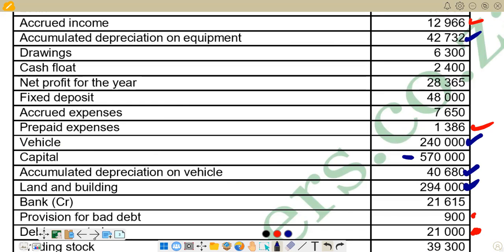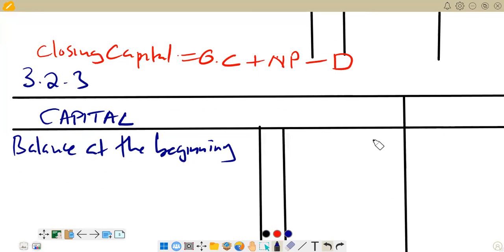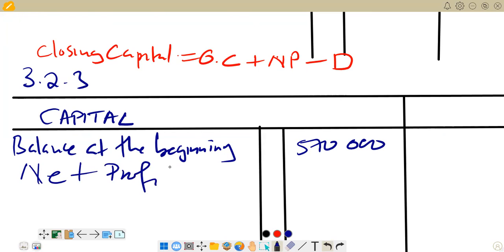So we can just go there and put our 570,000. And then we are going to add our net profit. So we go and find the figure that we have there, and then finally we less our drawings. That is we subtract our drawings.